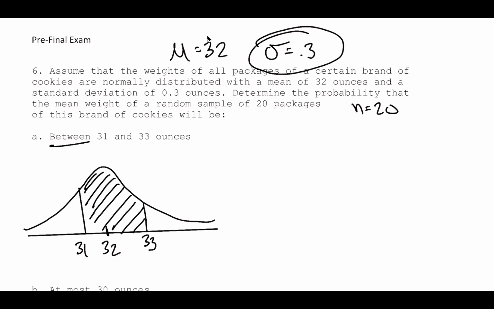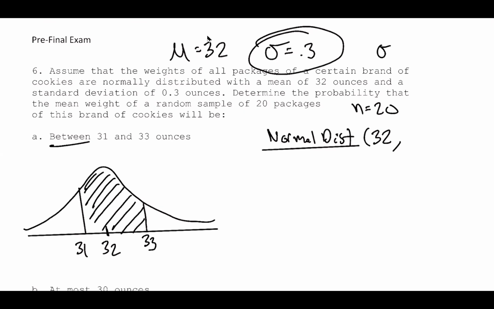Since we have sigma, which is the population standard deviation, we're still using normal distribution. But the thing is, we have to give it our mean, which is 32, and we have to give it the standard deviation. For standard deviation, you have to be careful because we can't put 0.3, because that would give us a wrong answer.